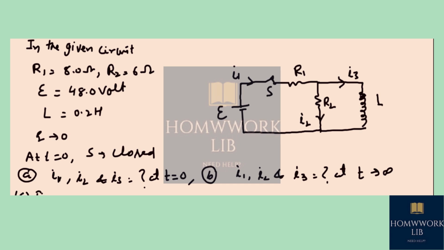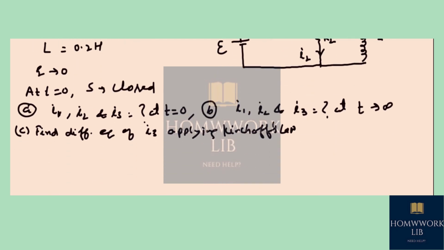Find the differential equation of I3 by applying Kirchhoff's law. In part D, we have to find the value of time t at which I3 becomes half of I3 max.